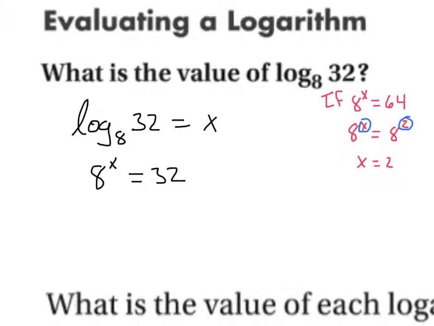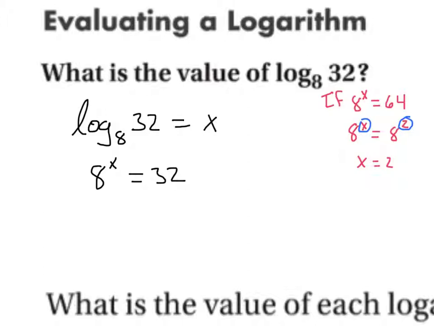Well, what we want to do here then, notice first off, there is no whole number exponent that we can raise 8 to get 32. Right? So therefore, our exponent must be some kind of fraction. So to find that fraction, what we want to do is rewrite 8 and rewrite 32 using exponents, so that they have the same base so that we can set our exponents equal to each other.